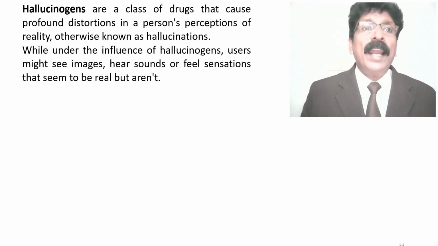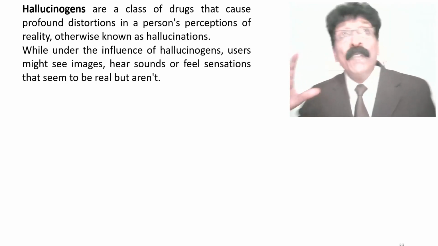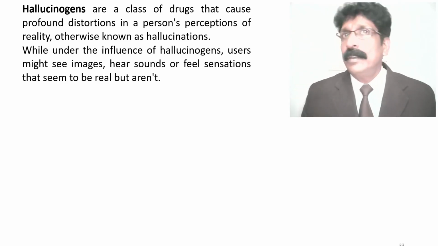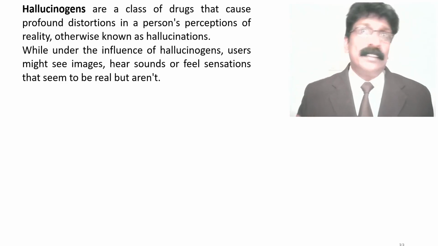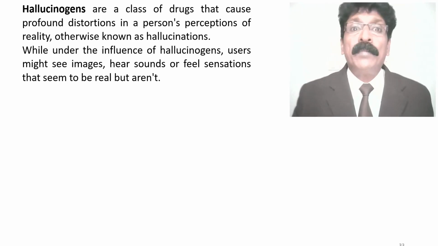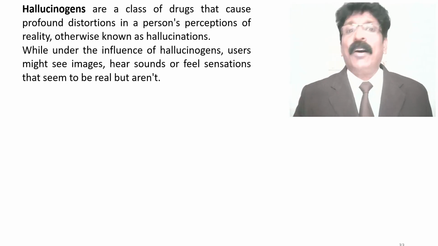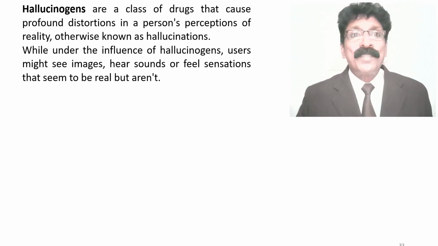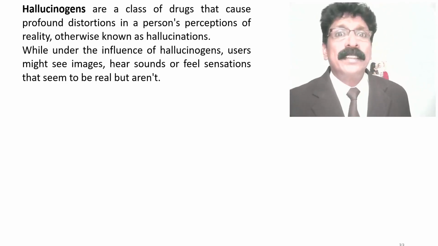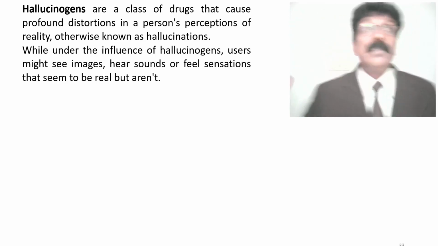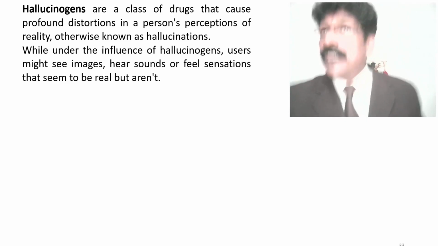While under the influence of hallucinogens, like tobacco, morphine, pyridine obtained from opium, even alcohol, users might see an image, hear sounds, or feel some sensations that seem real, but are not.